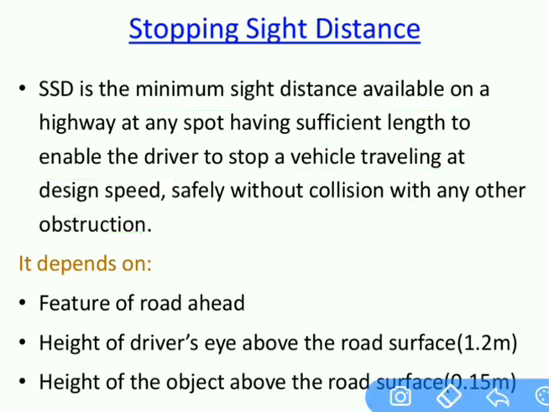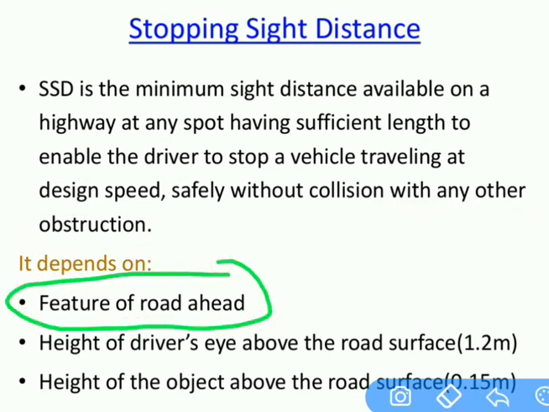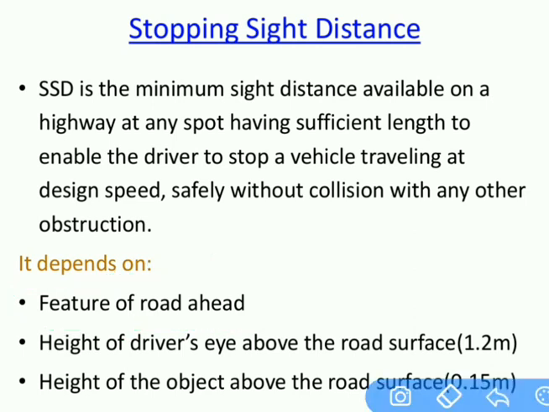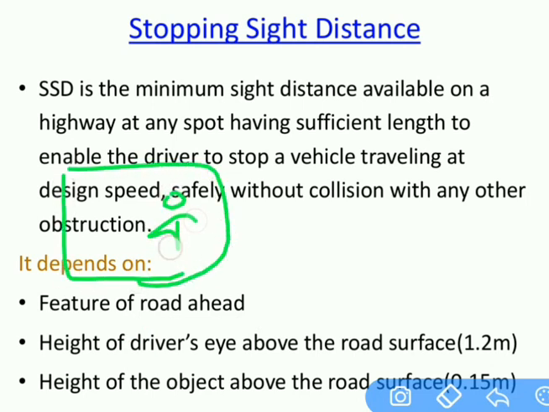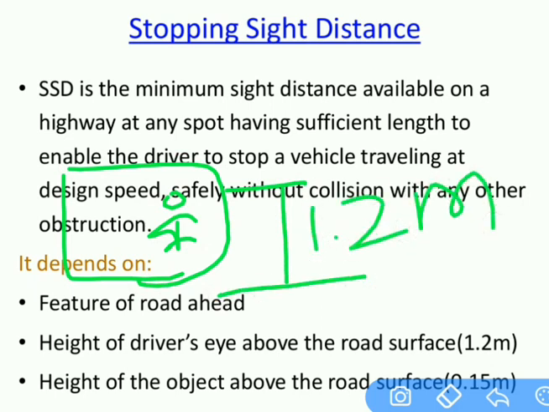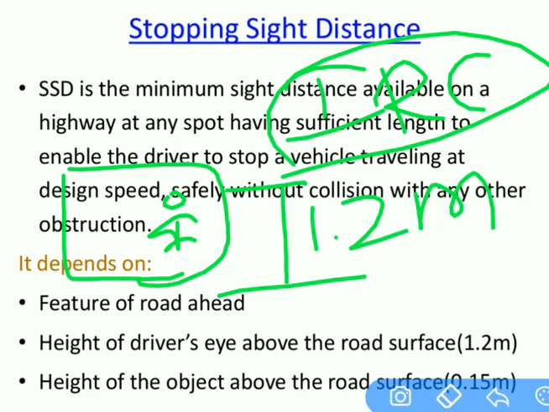Clear. So here, the SSD mainly depends upon the feature of the road ahead, meaning how the road is, right? Next, another dependent is the height of the driver's eye. The minimum height of the driver's eye above the road is 1.2 meters. This value is according to IRC. Then only are we considering the SSD.